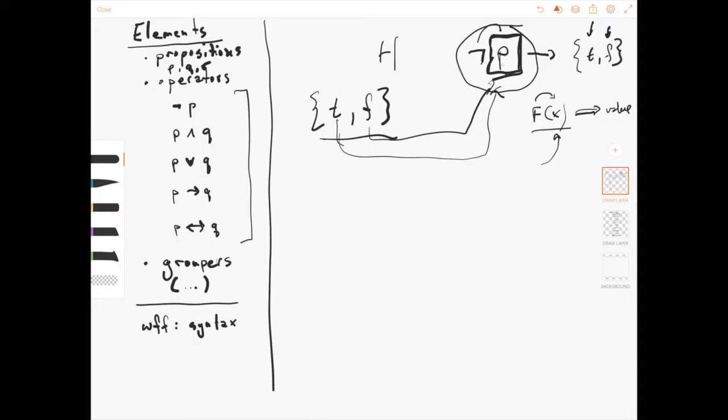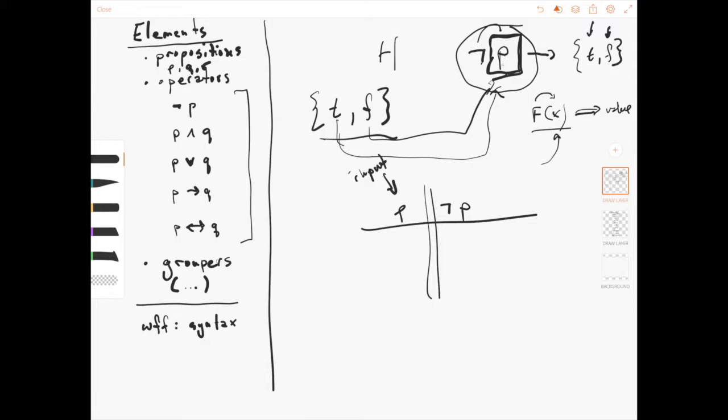There's a convenient way for us to represent this behavior using a truth table. I'm going to construct a truth table, and then we're going to learn how to construct one. I'm just going to show you an example. This is the input column.